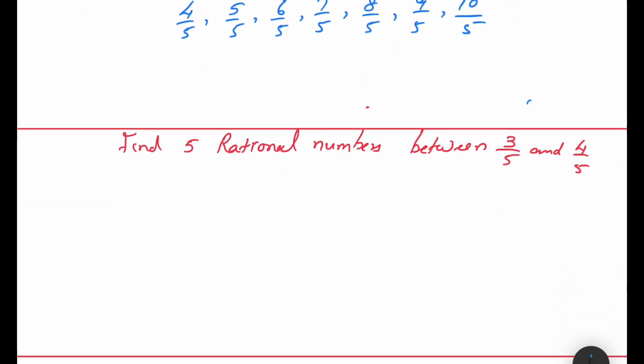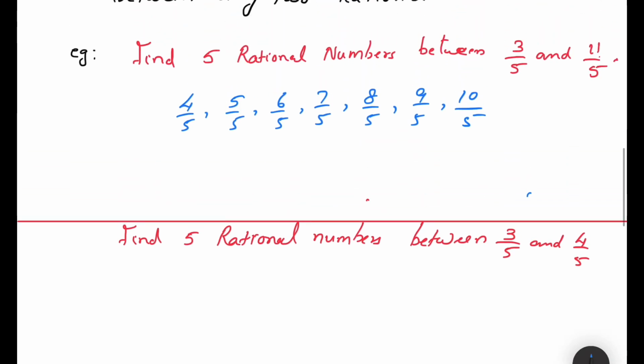Now find 5 rational numbers between 3 by 5 and 4 by 5. In the previous question it was 3 by 5 and 11 by 5, so you were able to simply write 4 by 5, 5 by 5, etc. But here it is 3 by 5 and 4 by 5, so now we will make equivalent fractions. 3 by 5 can be written as 3 by 5 into 2 by 2.